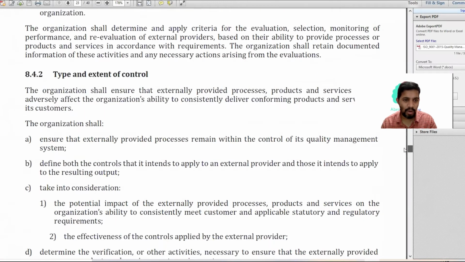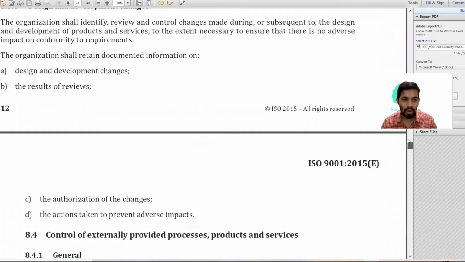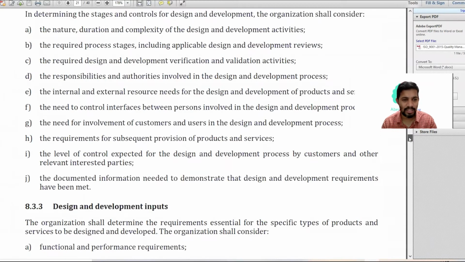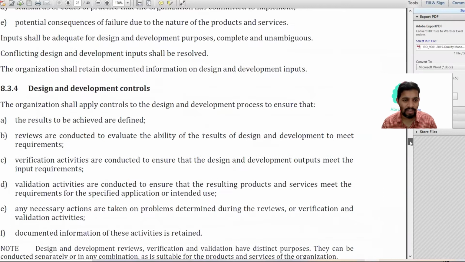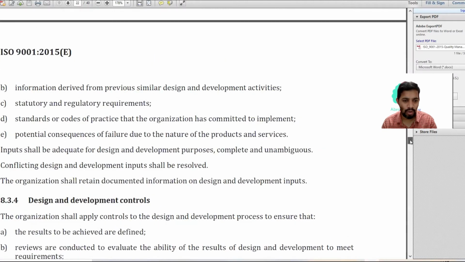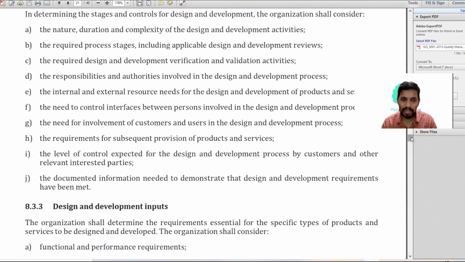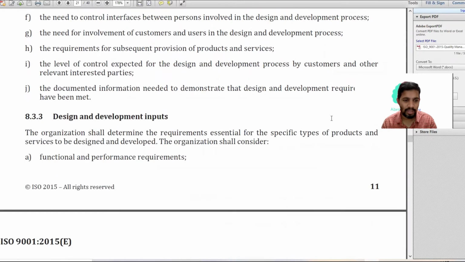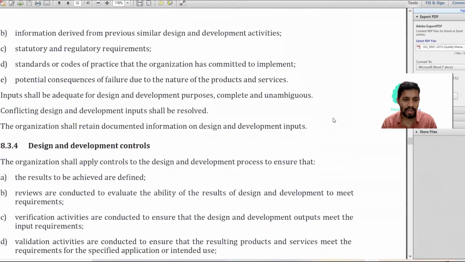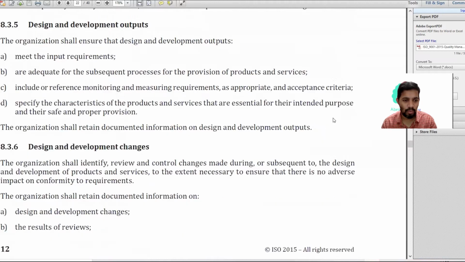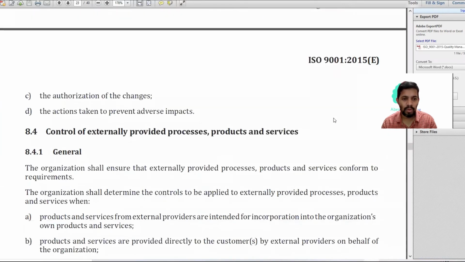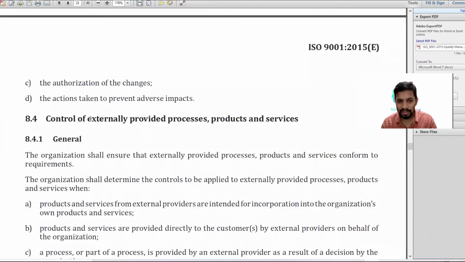In this 8.4, all the way, it talks about various rules and various things which we need to follow. 8.3 is over. 8.4: control of externally provided processes, products and services, general.